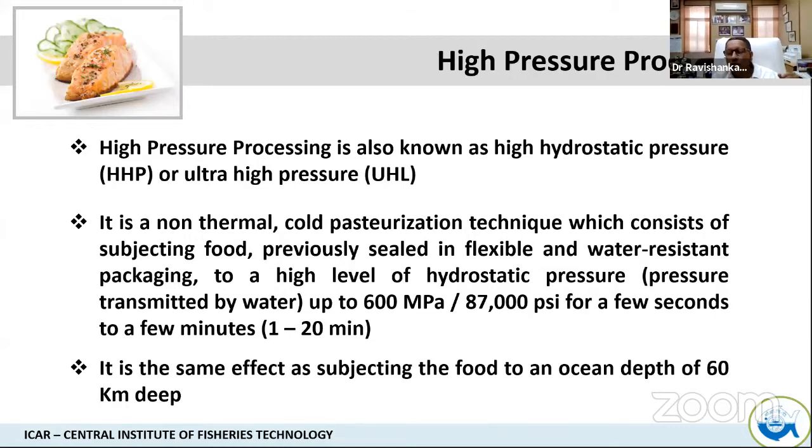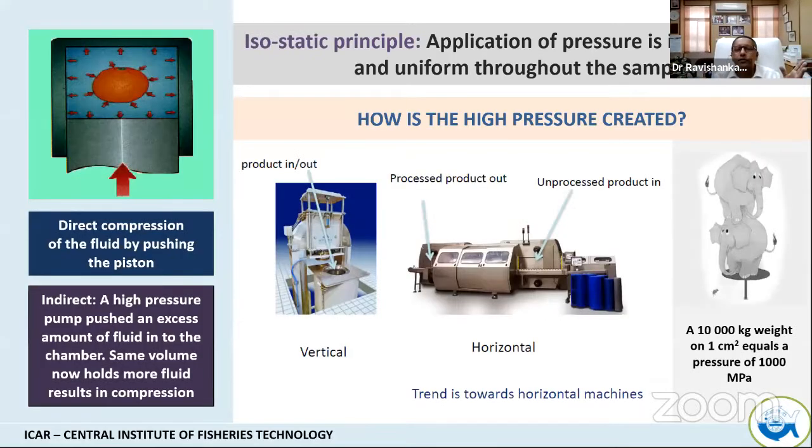Normally the principle is you apply pressure to a system, where you have a product surrounded by a liquid. Either you push it and increase the pressure, or you pump some more liquid into that and increase the pressure.